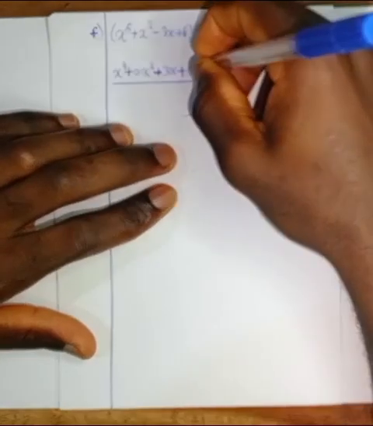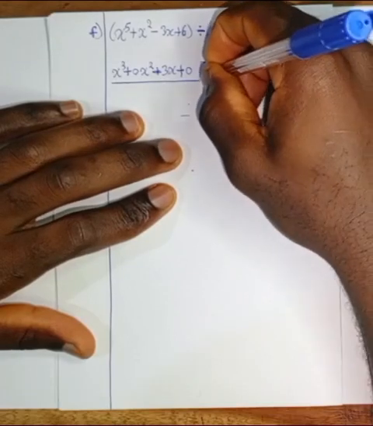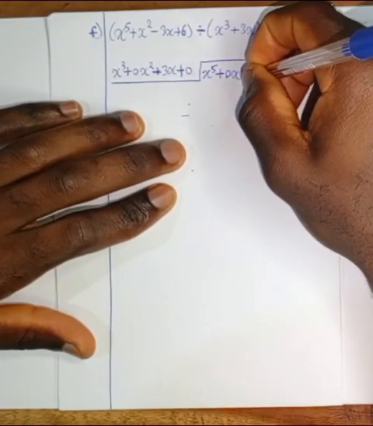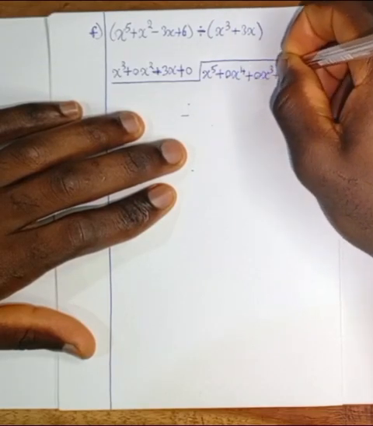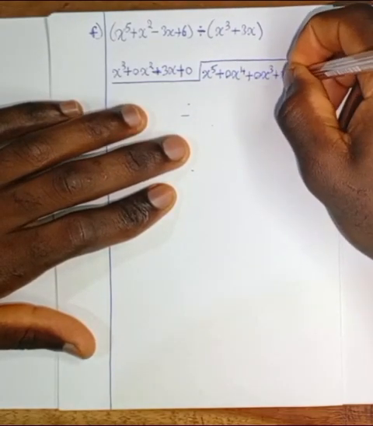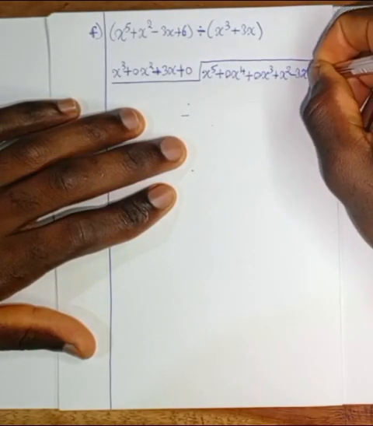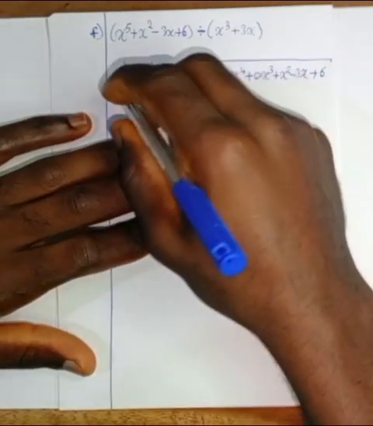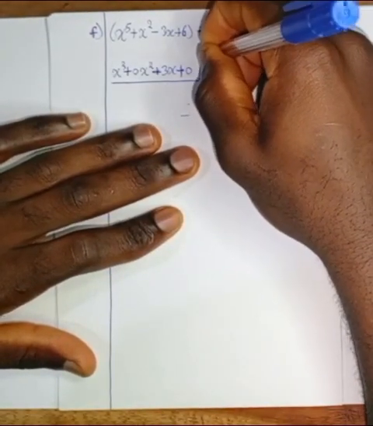Then we write x to the power 5, plus the term in x to the power 4 is absent, plus the term in x cubed is absent, plus x squared minus 3x plus 6. Here we carry out the division. X to the power 5 divided by x cubed gives us x squared.